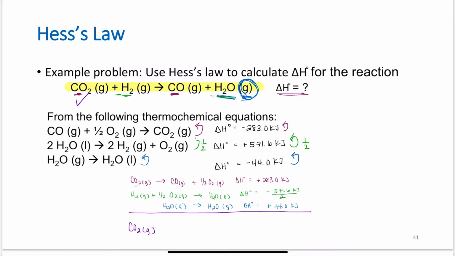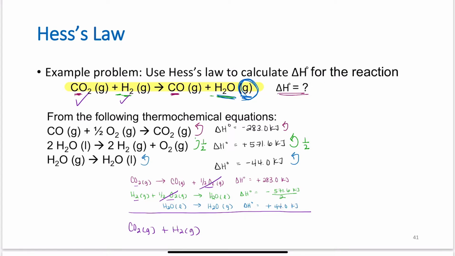That's all my reactants in the first equation, so I'm going to move on to the second equation. I've got 1 mole of H2, and I don't have H2 anywhere else. So I'm also going to write that down. That also matches. I have a 1/2 mole of O2 here, but I have a 1/2 mole of O2 here as well on the product side. So those will cancel each other out.